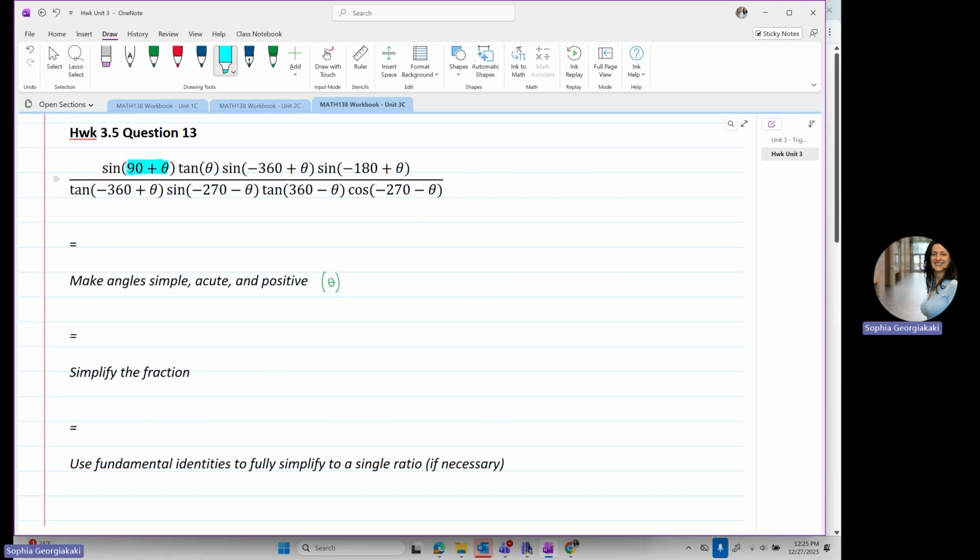We have angle 90 plus theta, angle theta, negative 360 plus theta, negative 180 plus theta, negative 360 plus theta, negative 270 plus theta, minus theta, 360 degrees minus theta, negative 270 minus theta. That will be our step number 1. For each one of those angles, we will find the quadrant.